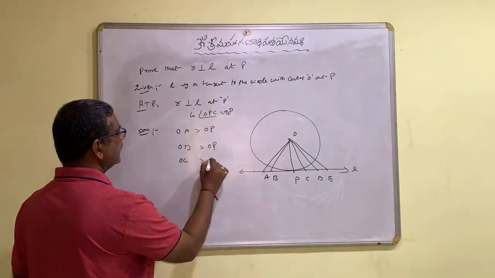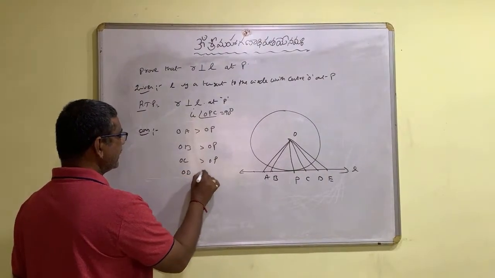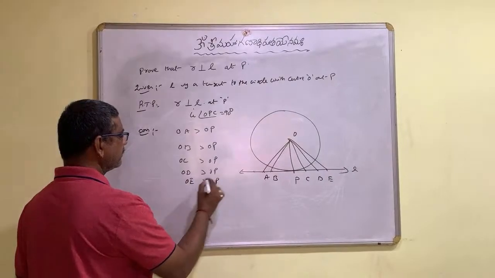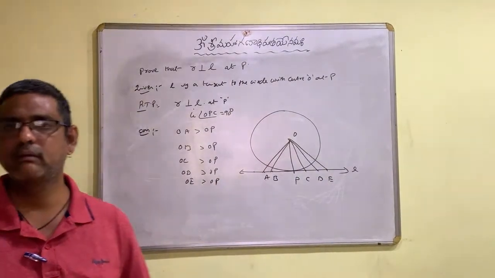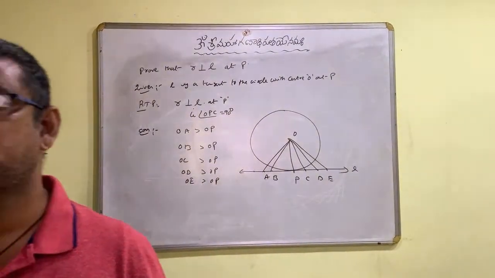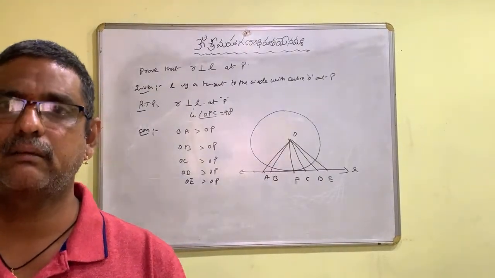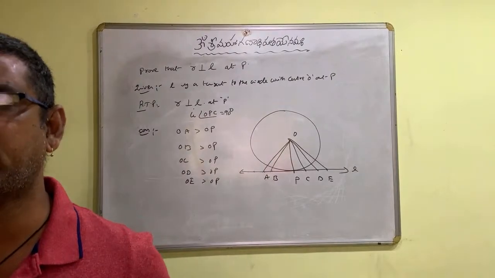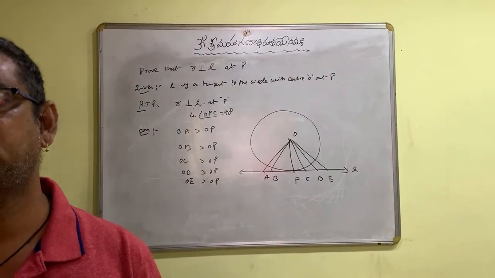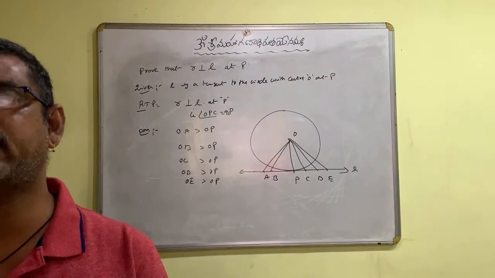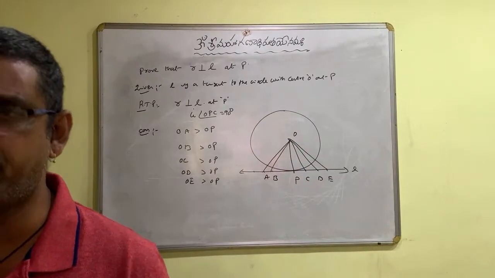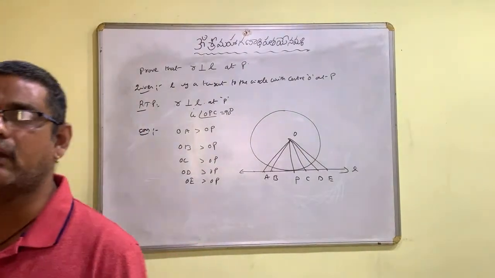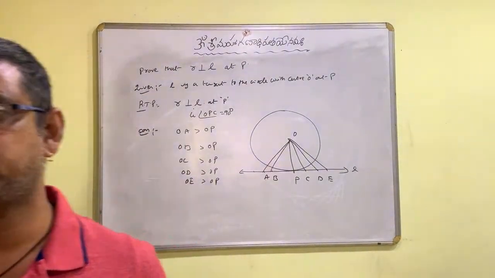OC greater than OP. OD greater than OP. OE greater than OP. Is that right? So whatever point you take and join with the center, the length of that line segment is always greater than OP.